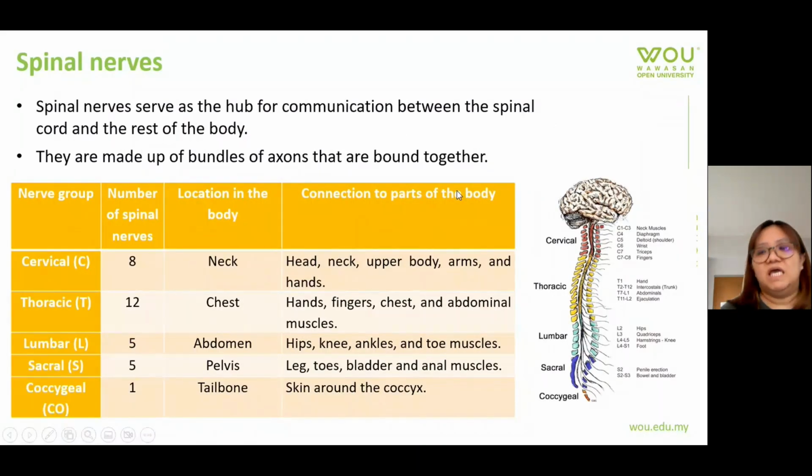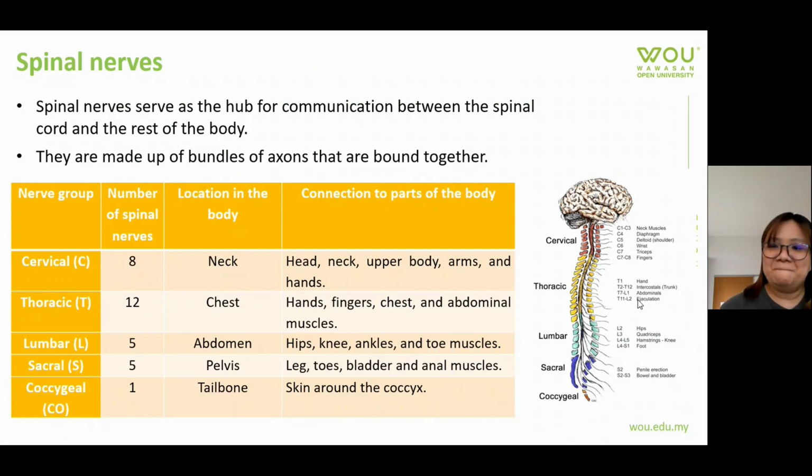Now we look at the overall structure of our spinal nerves. From the picture, you can see our brain here, and the spinal cord runs from our brain slowly down to our tailbone, our backside.